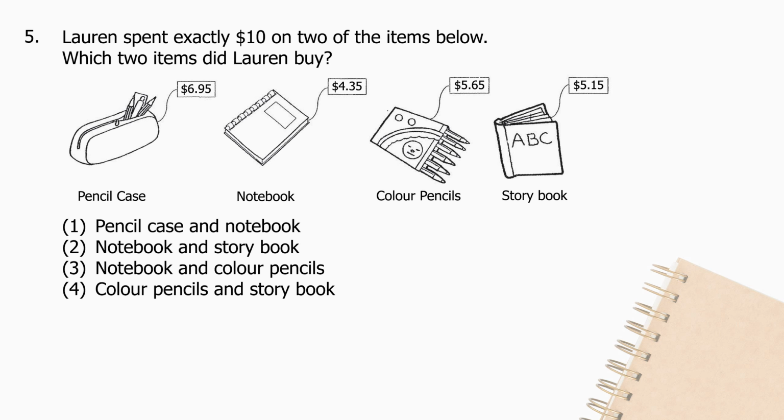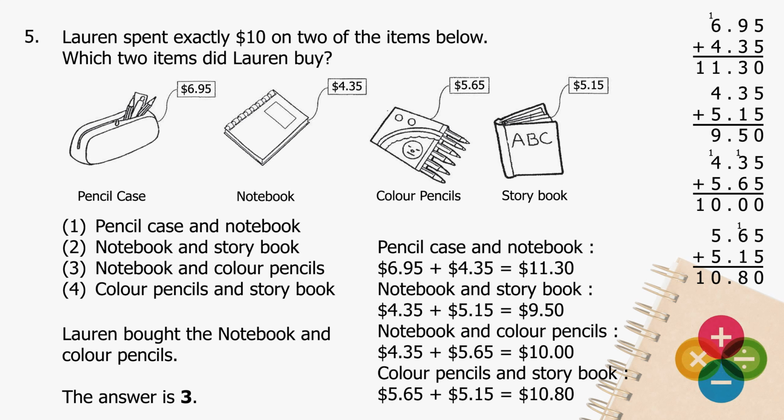Question 5. Lauren spent exactly $10 on 2 of the items below. Which 2 items did Lauren buy? The cost for pencil case and notebook will be add $6.95 to $4.35, and the sum is $11.30.